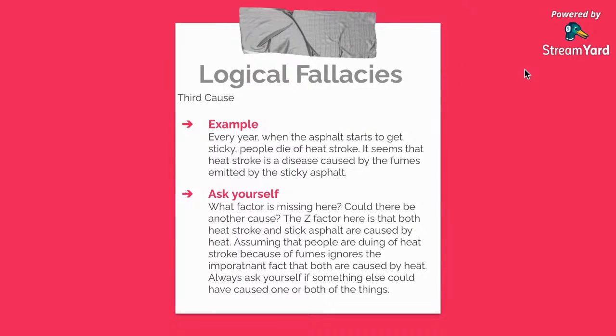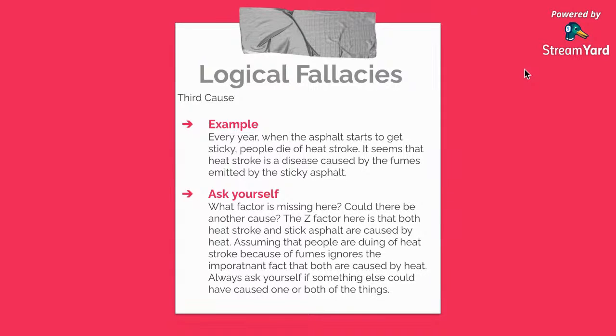The next is third cause. So for example, every year when the asphalt starts to get sticky, people die of heat stroke. So it seems that the heat stroke is a disease caused by the fumes emitted by the sticky asphalt. So you need to ask yourself, what other factor is missing here? Could there be another cause? The underlying common denominator here is that both of these things were caused by heat.